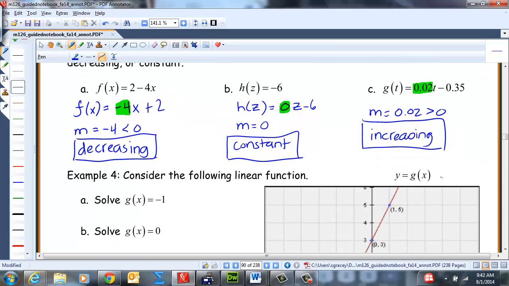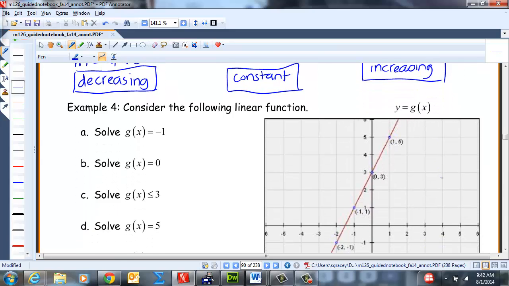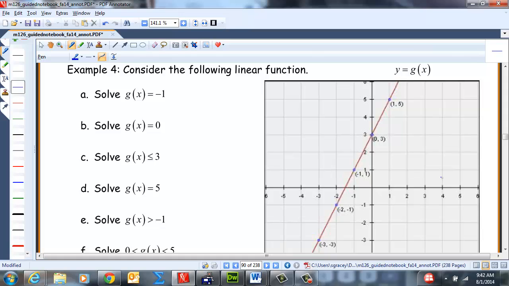All right. So now we've got a graph of a linear function. So let's take a look. Solve g(x) equal to -1. So what are we finding? Are we finding a function value, or are we finding an input value? Great, we're finding an input value because we've been told that our y value, our function value, is -1.